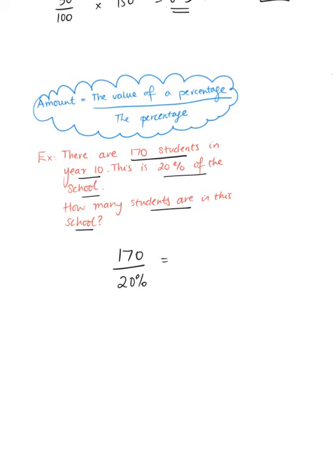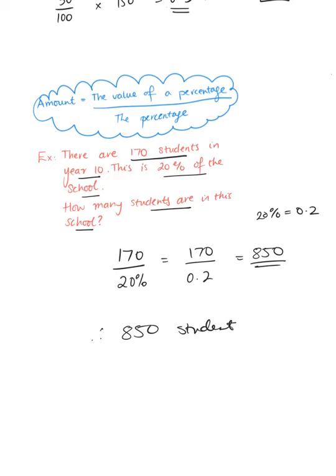Now we could rewrite 20% as a decimal, and 20% as a decimal is 0.2. So 170 divided by 0.2 is 850. Therefore, there are 850 students at this particular school.